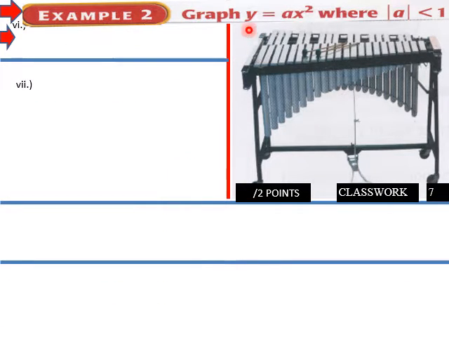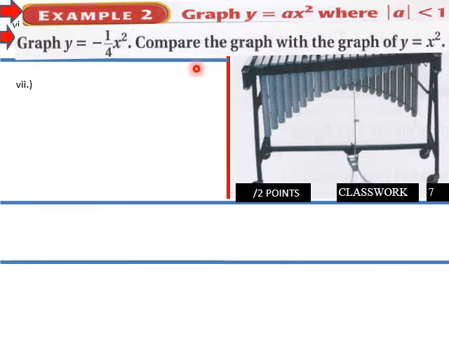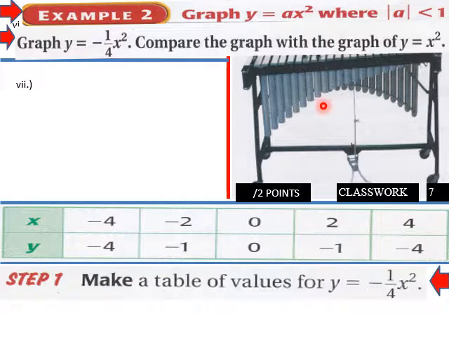Okay, example 2, y equals ax squared, where the absolute value of a is less than 1. What does that do to the graph? So we have negative 1/4 x squared. Compare the graph with y equals x squared.